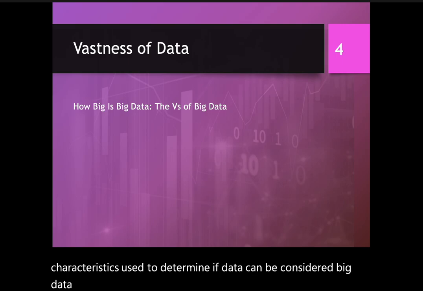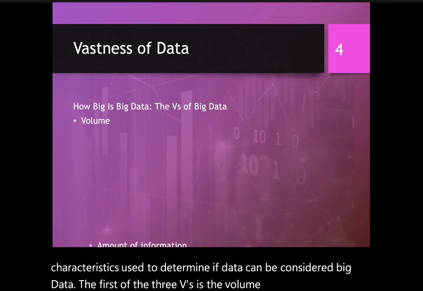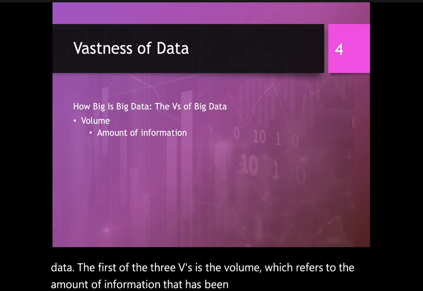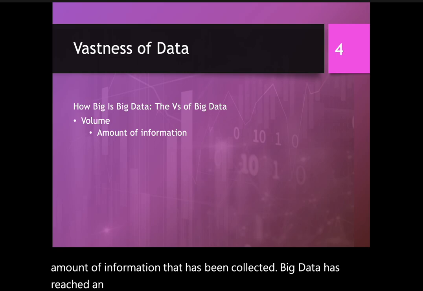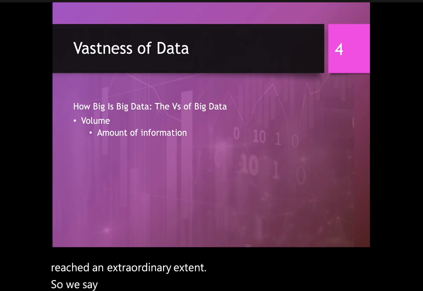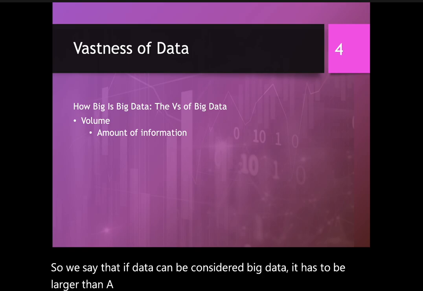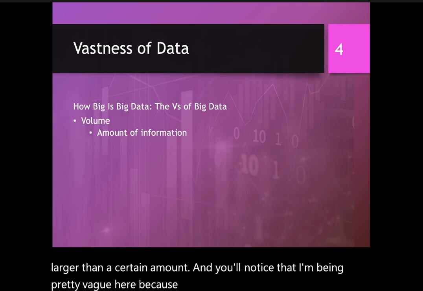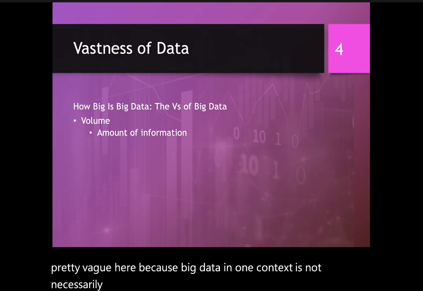The first of the three V's is the volume, which refers to the amount of information that has been collected. Big data has reached an extraordinary extent. So we say that if data can be considered big data, it has to be larger than a certain amount. And you'll notice that I'm being pretty vague here because big data in one context is not necessarily big data in another context.